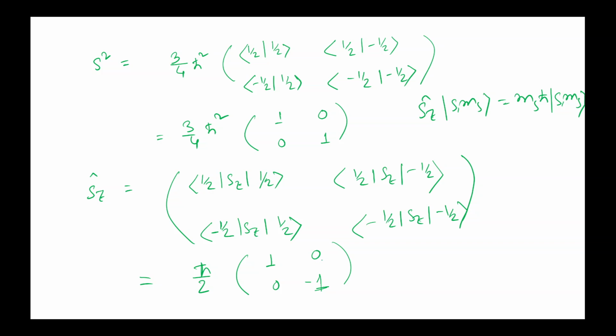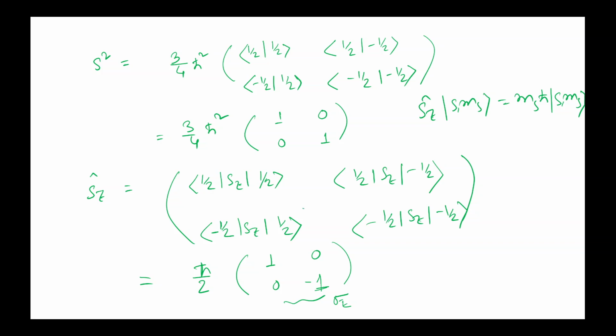There you will be using these Pauli spin matrices. So this is basically called sigma z. So then what are the components of sigma x and sigma y, how to find those? That is not trivial, so that's why I am showing you all this derivation, like how to find out these Sx and Sy in this eigenbasis.